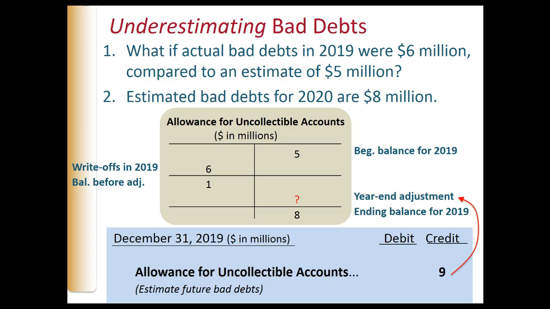This means the allowance account needs to increase from its current balance of a $1 million credit to the estimated ending balance of $8 million credit. Kimsey can accomplish this by adjusting the allowance for uncollectible accounts for $9 million.